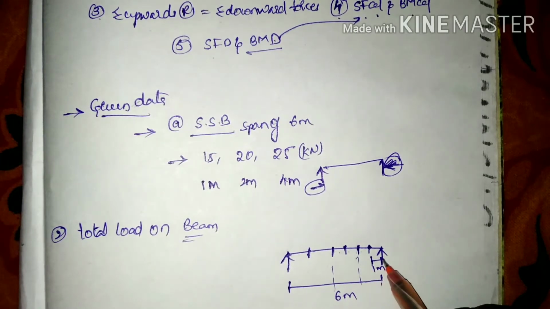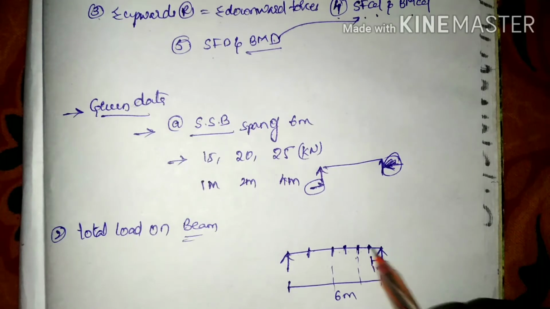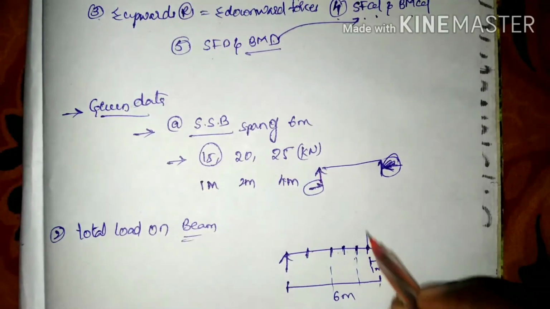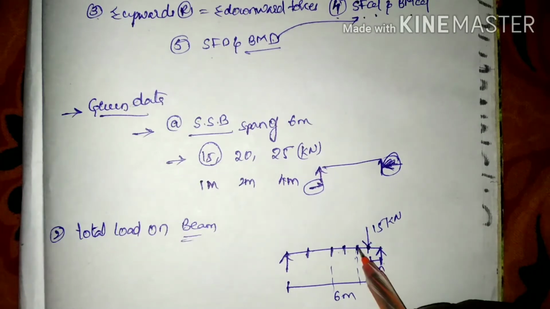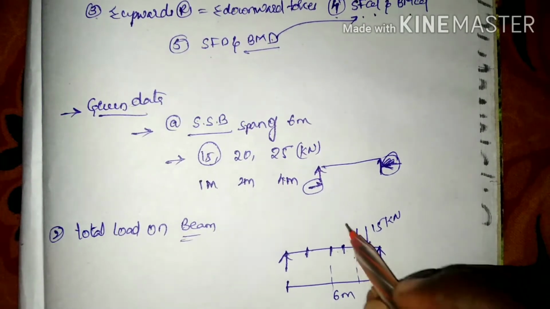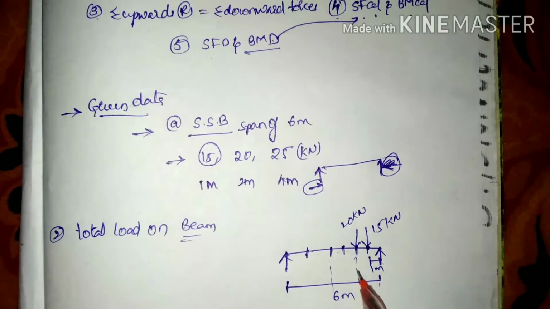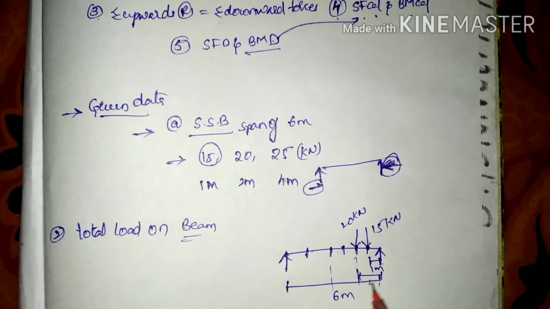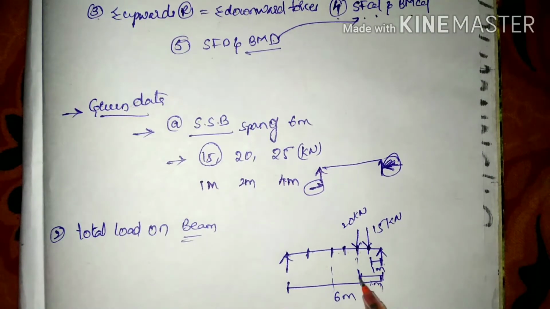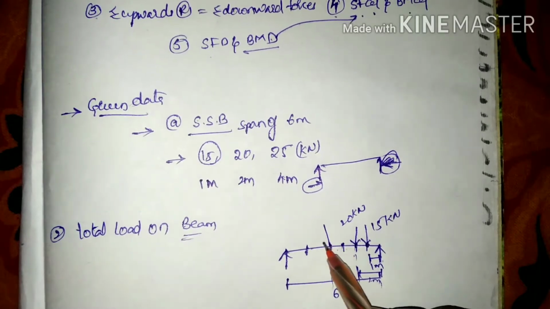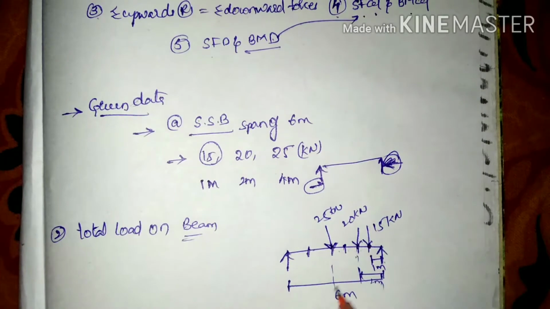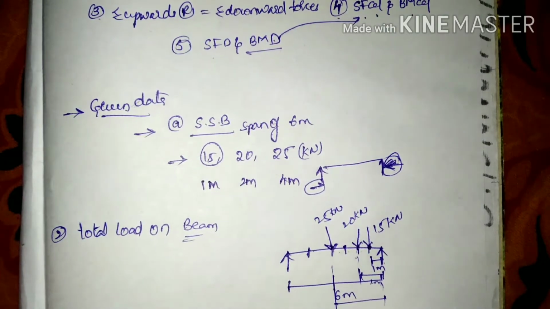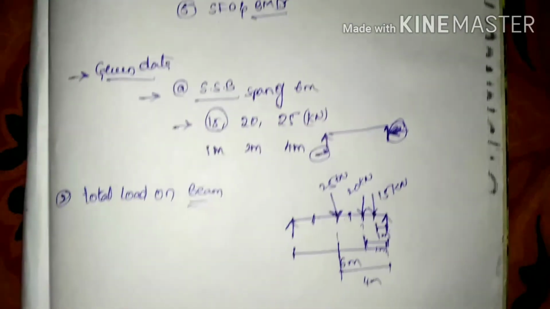From the right support, the 15 kN load is acting at 1 meter distance, a 20 kN load is acting at 2 meters, and another load of 25 kN is acting at a distance of 4 meters. Let us assume this as a diagram.